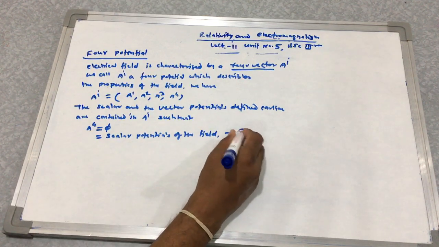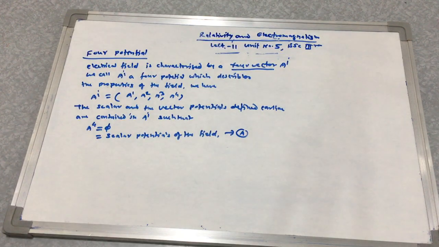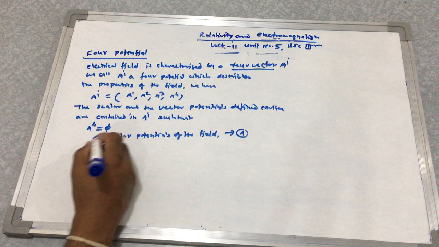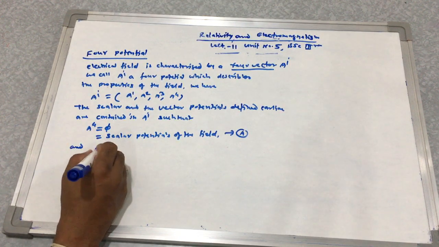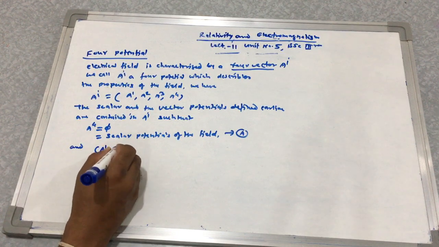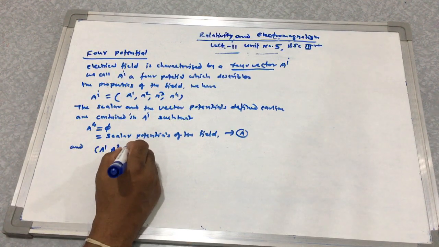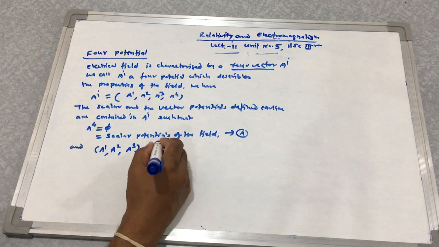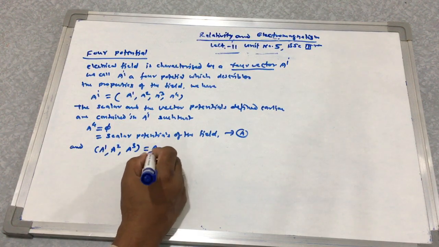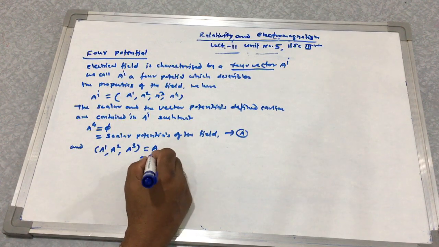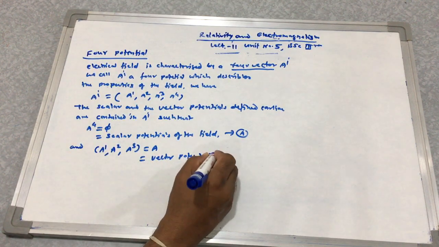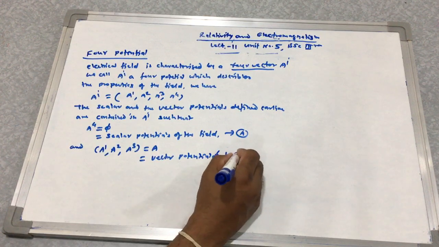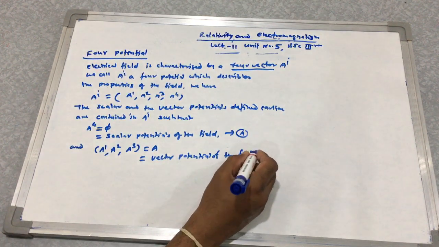This is A. And A^1, A^2 and A^3 together make A, the vector potential of the field.